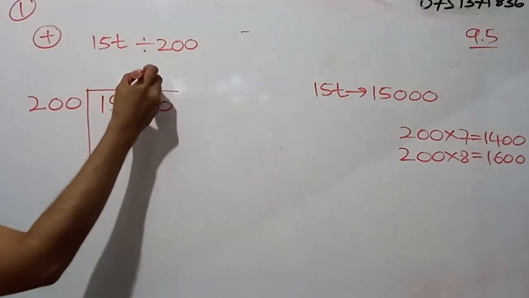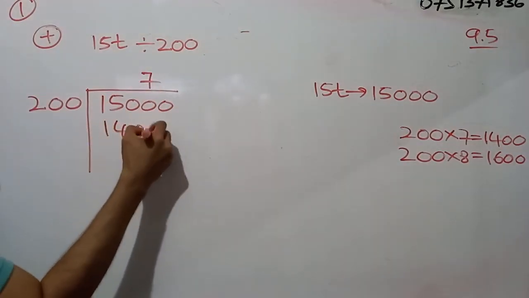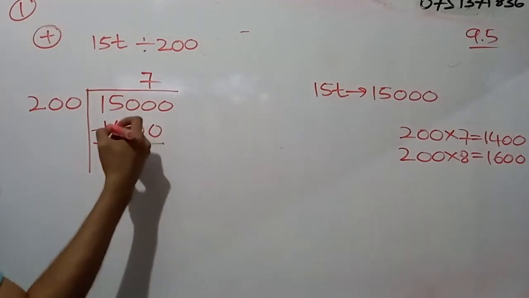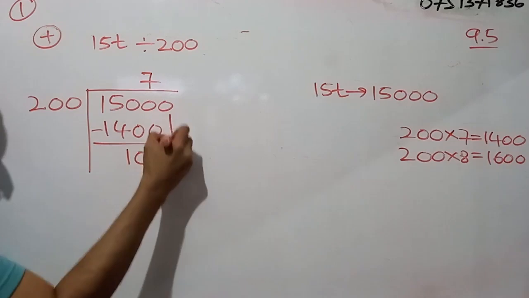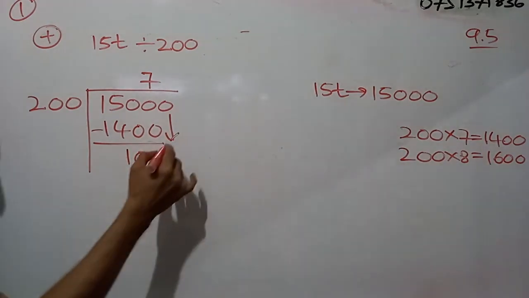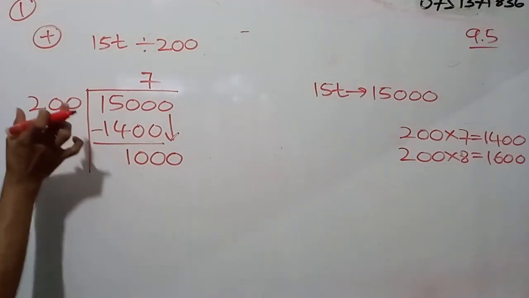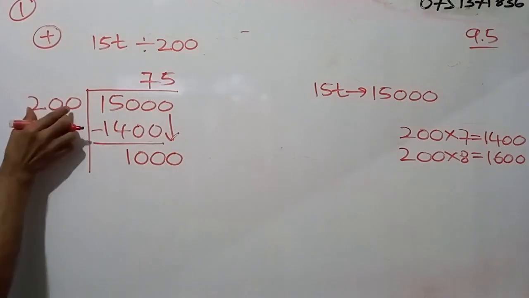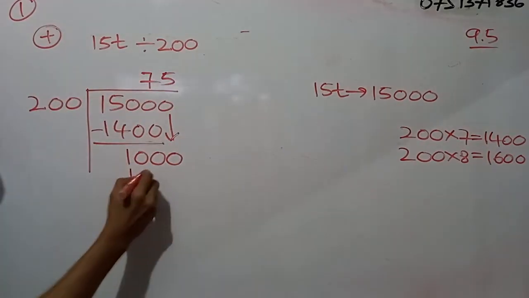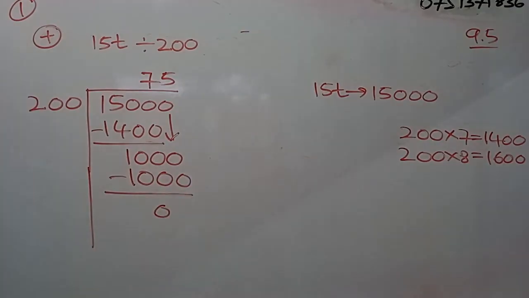So we can put 7 here. 200 into 7, we know that is 1,400. 1,500 minus 1,400, we get 100. Then what do we do? We drag down this 0. Altogether 1,000. How many 200s are there for 1,000? Exactly 5. So 200 into 5, we know that is 1,000. 1,000 minus 1,000, we get a 0.